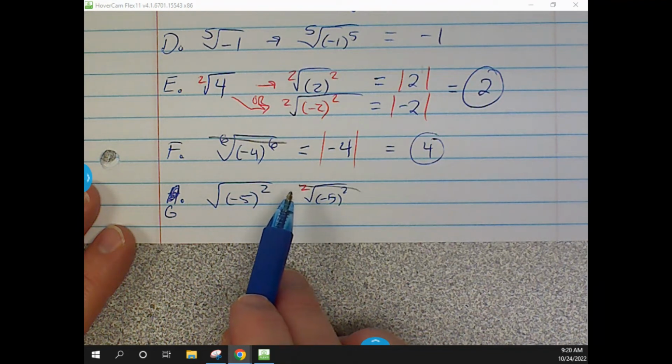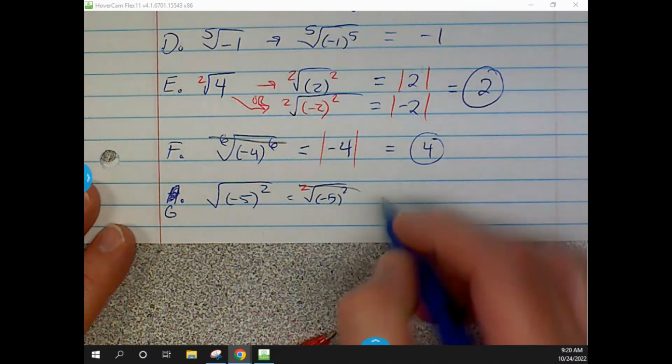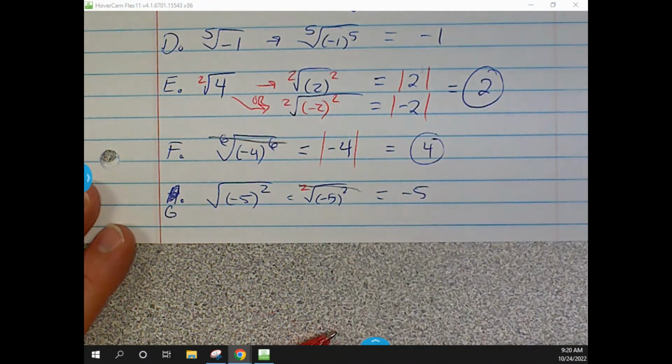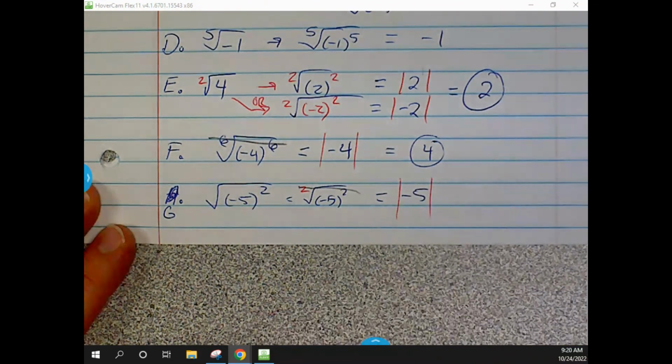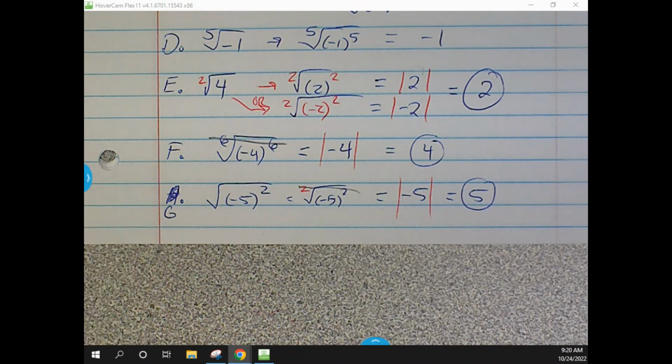Always. So if there's no number for the index of the root, it's always understood to be square root. Okay, so technically these would cancel out and leave you with -5, but it's back to the same situation. We got to do the absolute value of it. So technically the answer would be 5.